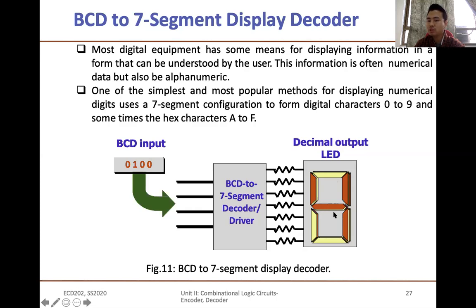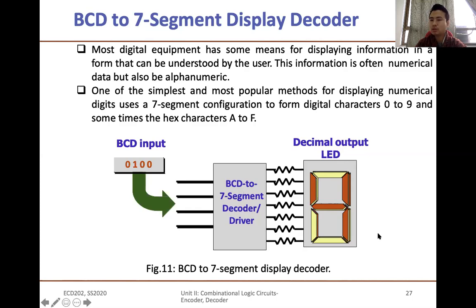With the help of this display, you will have numbers from 0 to 9, sometimes even the hexadecimal characters A to F. So this one device is known as the BCD to 7-segment decoder.